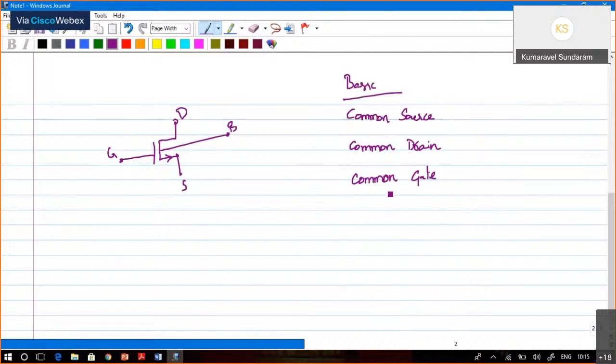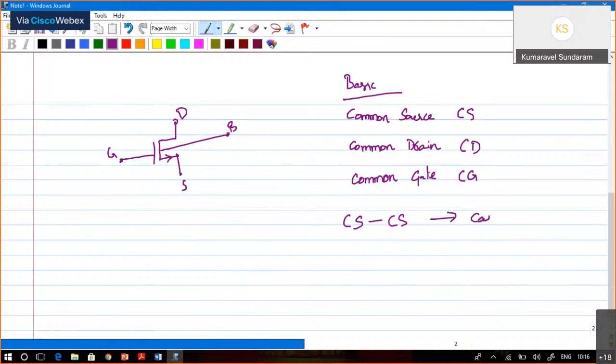Based on these configurations, if you want to design high gain amplifiers, we can go with common source. Common source with 2 stages, we can design a high gain amplifier.